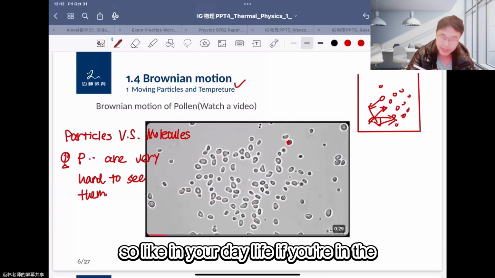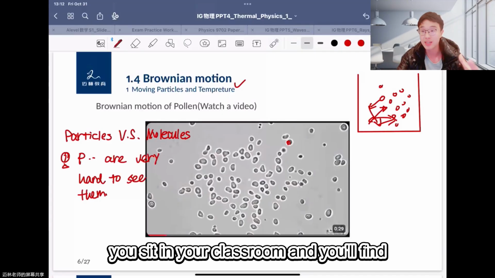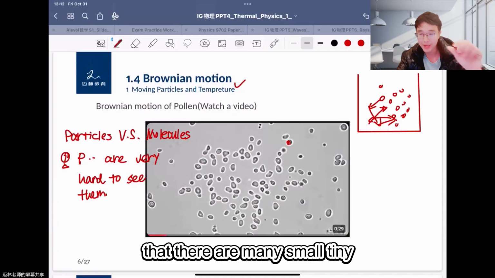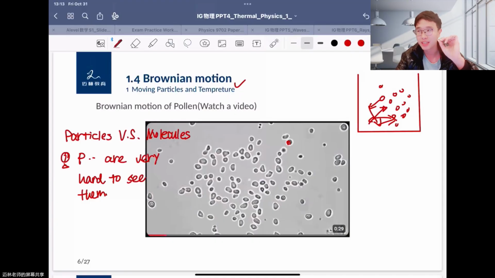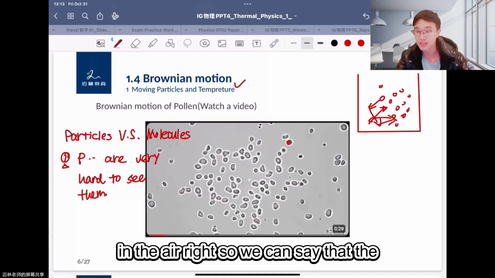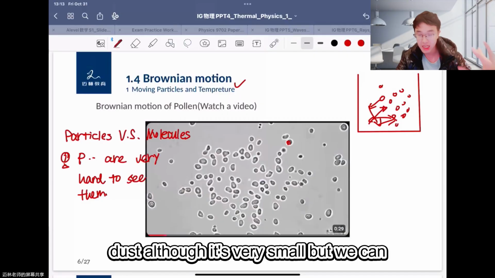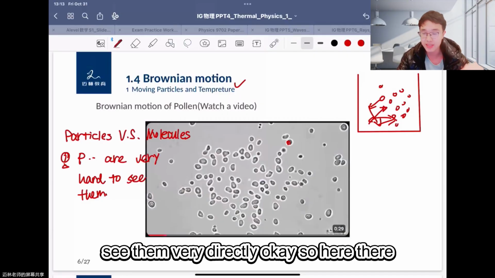Like in your daily life, if you sit in your classroom in the afternoon, you will find many small, tiny dust particles floating in the air, right? So although the dust is very small, we can see it directly. Here are the particles.